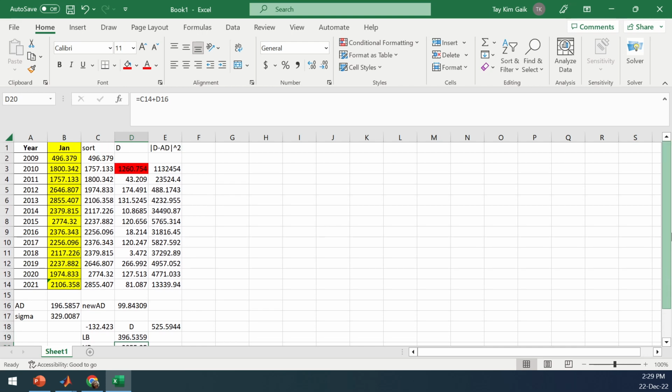Since we're going to use FIS, we need the fuzzy set. Let's say the first fuzzy set, I denote it as A1.